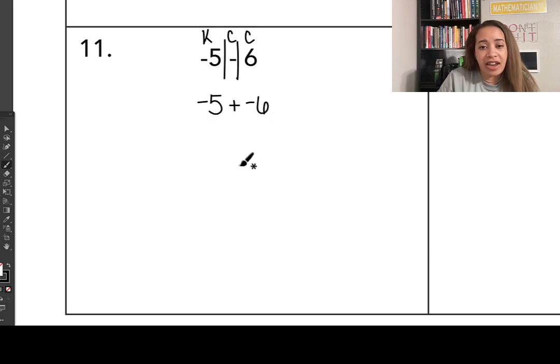Both integers are negative. So we say same signs add. We are going to add 5 plus 6, and that gives us 11. Since both integers were negative, our final answer will also be negative. We get negative 11. Negative 5 minus 6 equals negative 11.